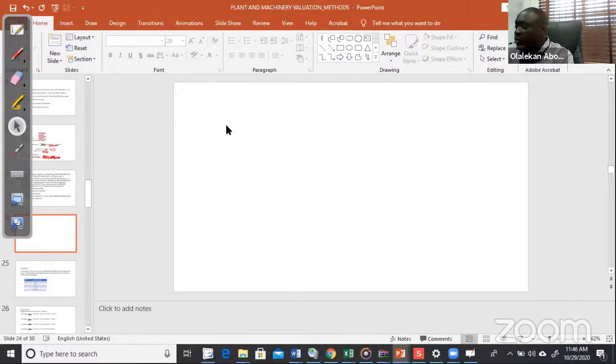The scrap value is 10% of 337,500,000, which is 33,750,000. The depreciable amount is now the cost minus the scrap value, 337,500,000 minus 33,750,000, which is 303,750,000.